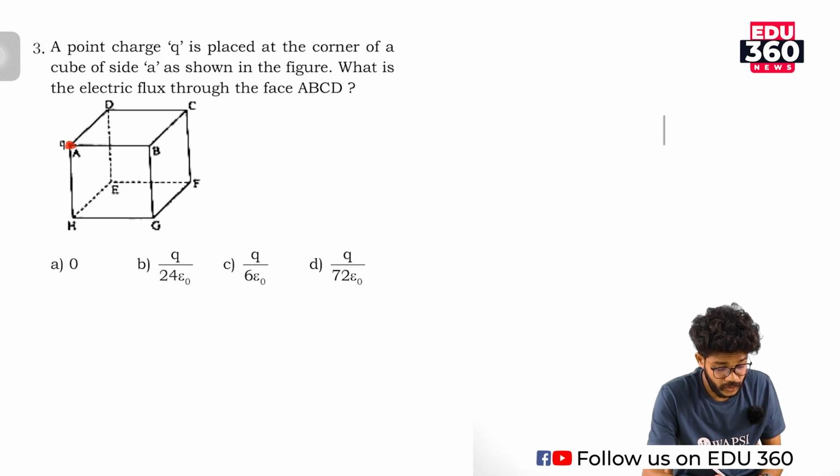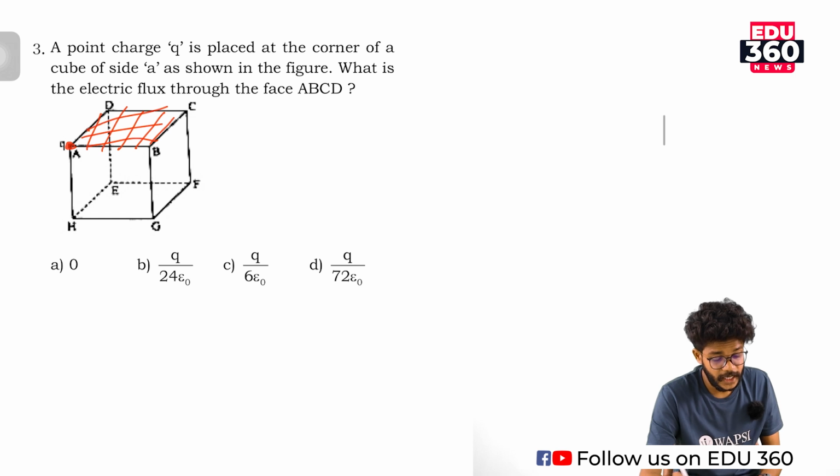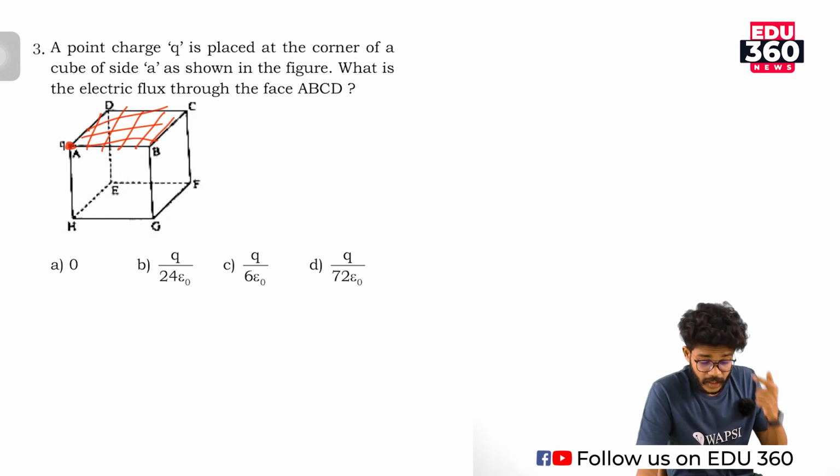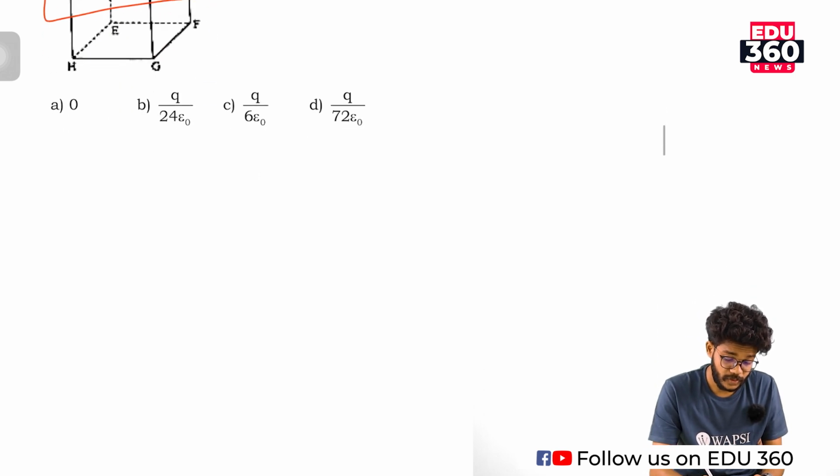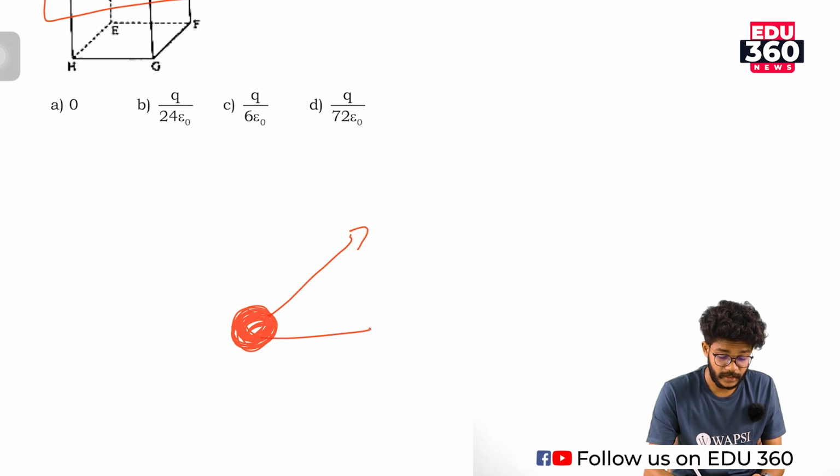So we want to calculate the flux, that means the lines which are passing through ABCD. Please focus on this area only. So I will draw a charge. This is the charge, and here we have the field lines.